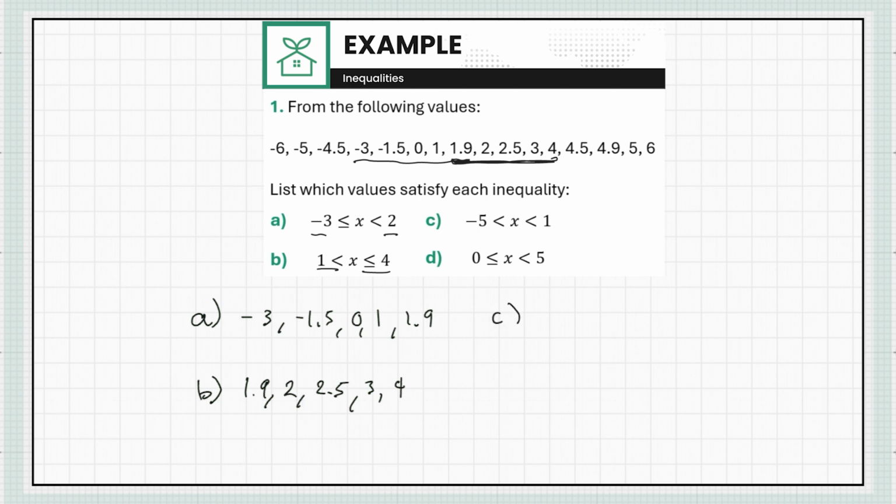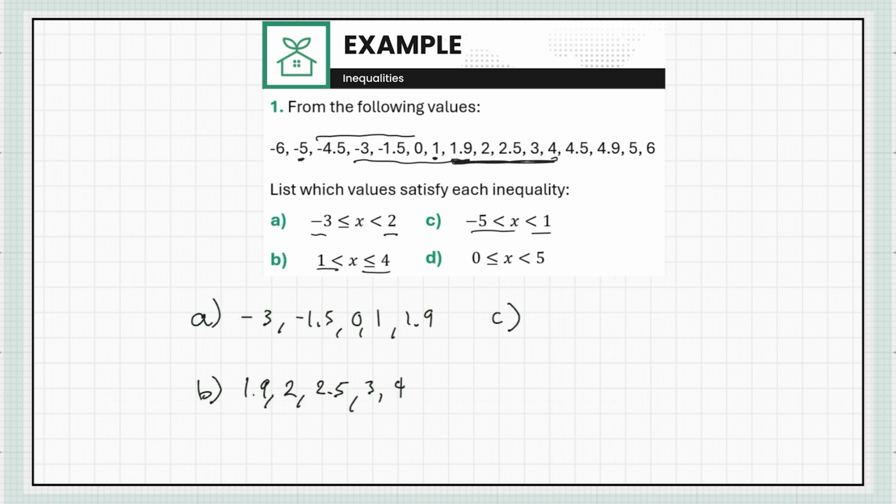Alright, let's look at C. So C, x is greater than -5, but it is less than 1. So it can't be equal to 1, it can't be equal to -5, but it can be between those two values. So if we go back to here, here's 1, here is -5.